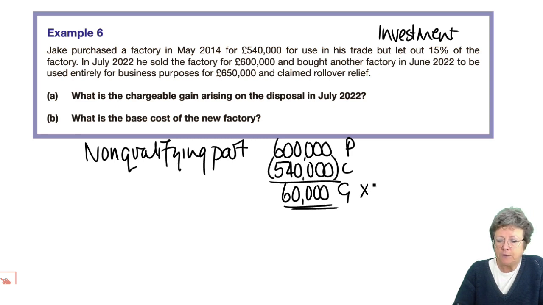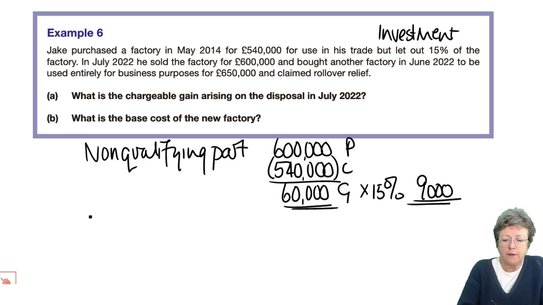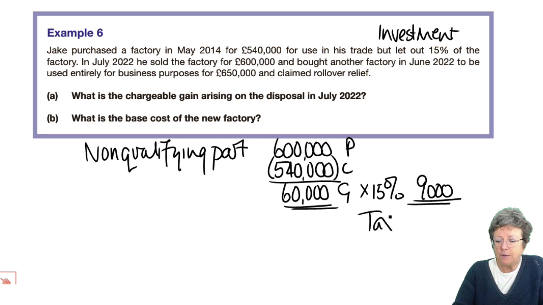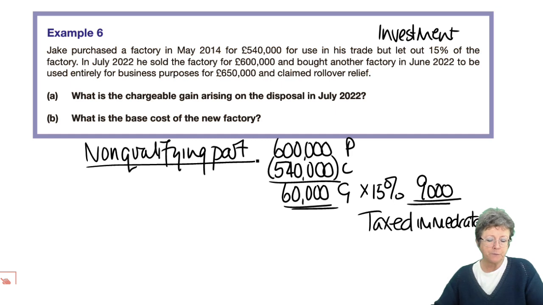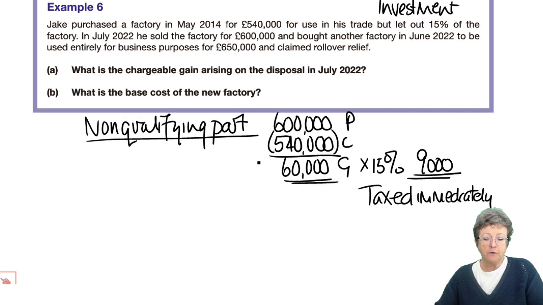Now 15% of that, 9,000, is non-qualifying, and that will be taxed immediately. So that's the non-qualifying part. The balance will be rolled over.